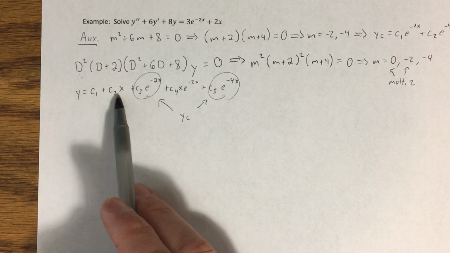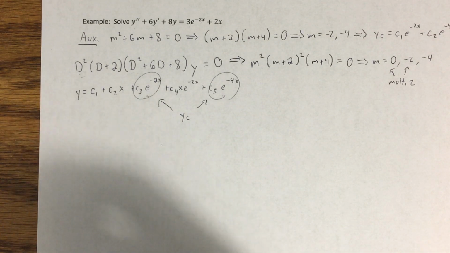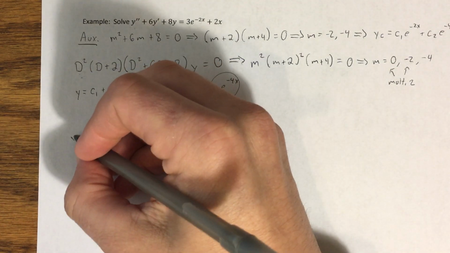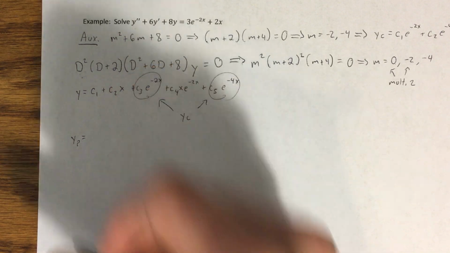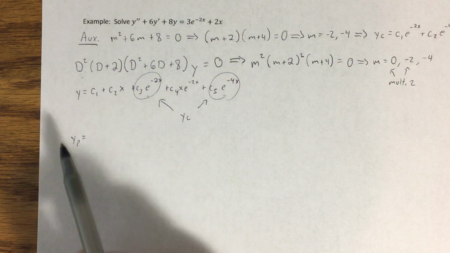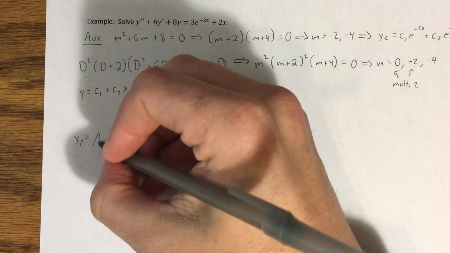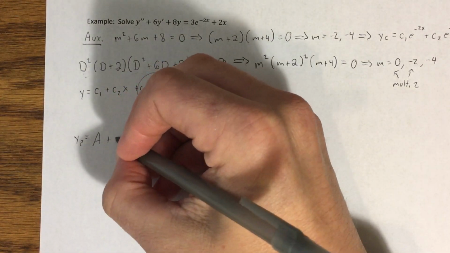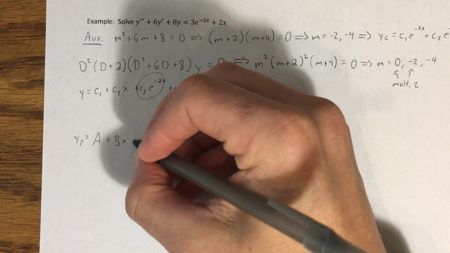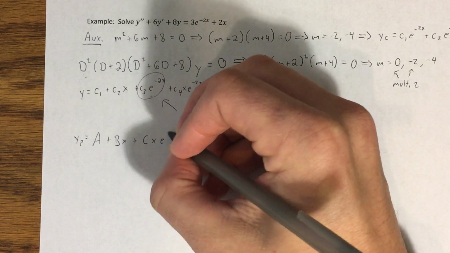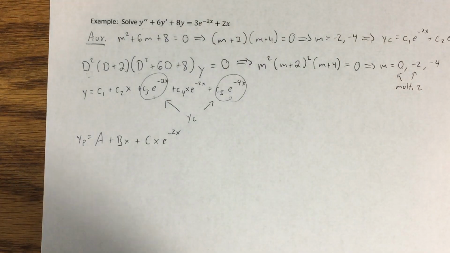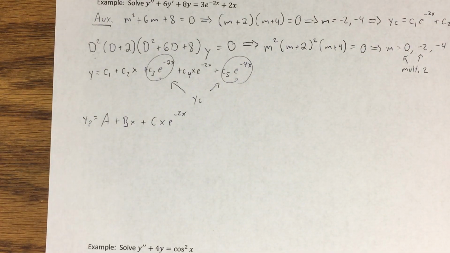That means the remaining terms are going to make up the particular solution. So we have yp equals, let's change the c's into capital A's and B's and C's like we do for undetermined coefficients, A plus Bx plus Cx e to the negative 2x. That's my particular solution. Okay?